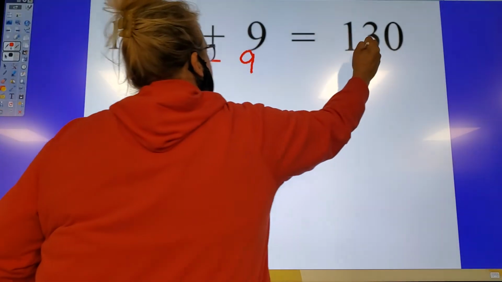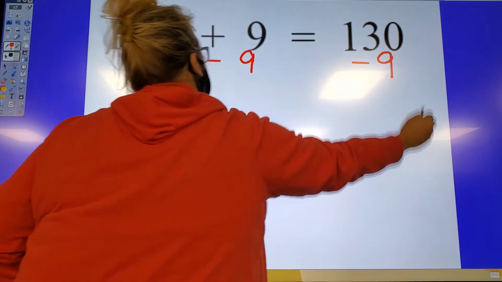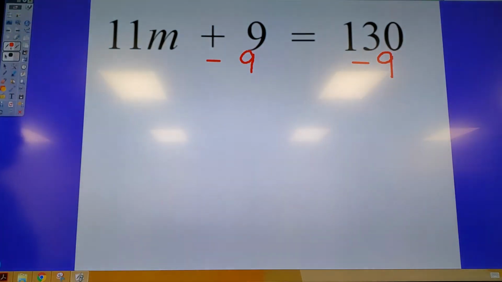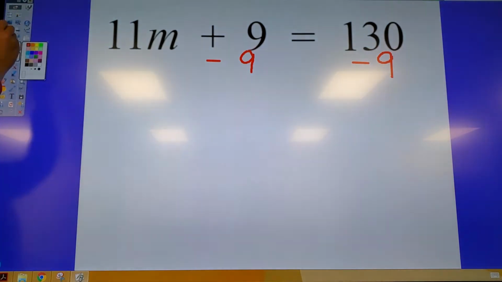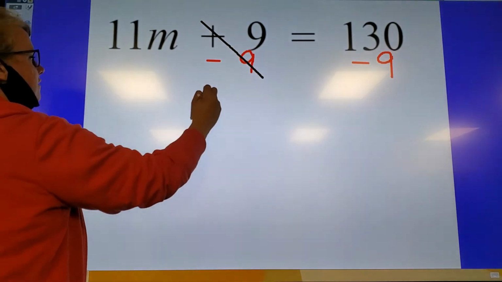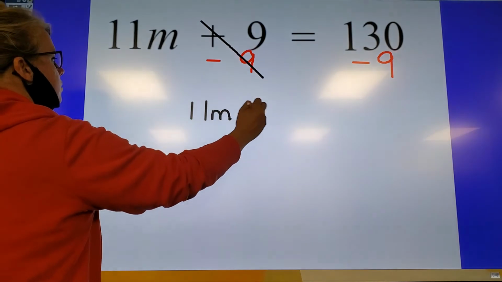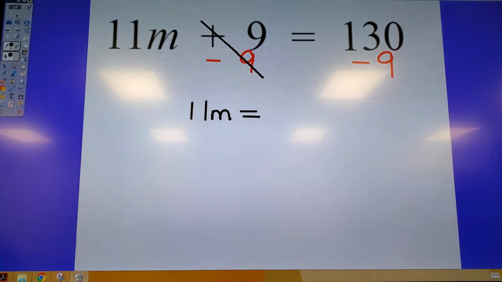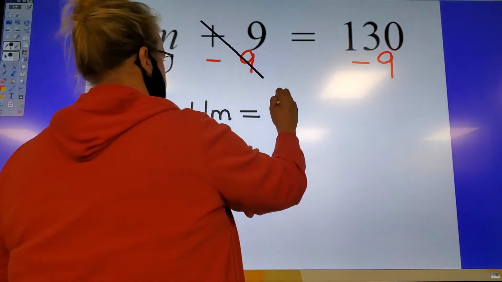And again, you have to do it over here as well to keep it balanced. So plus 9 minus 9 cancel out. We have 11m equals 130 minus 9. That equals 121. 121. Good.